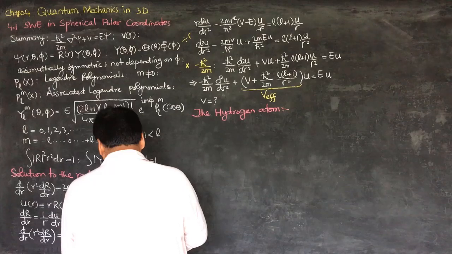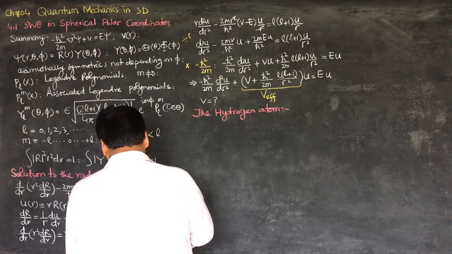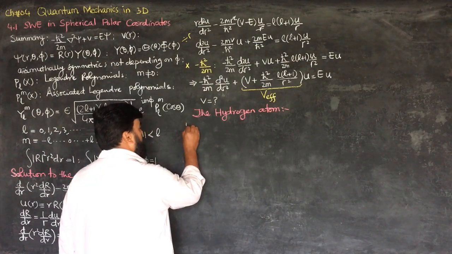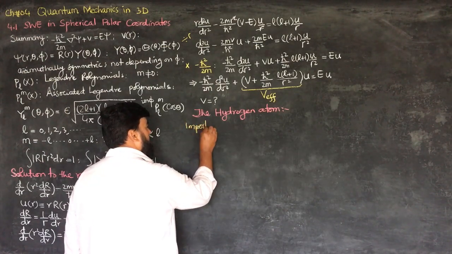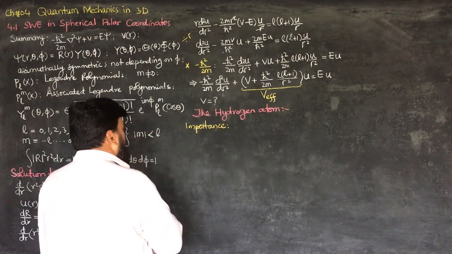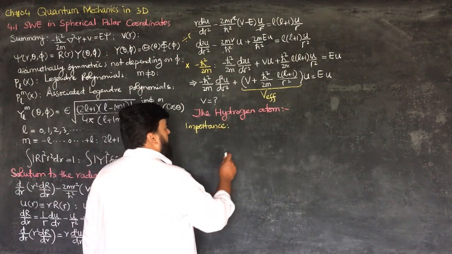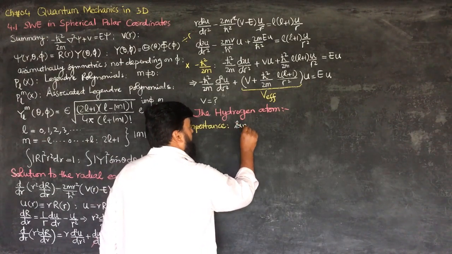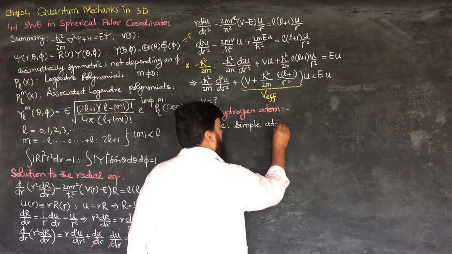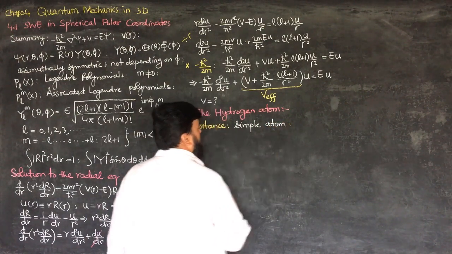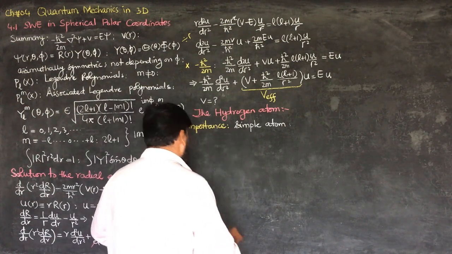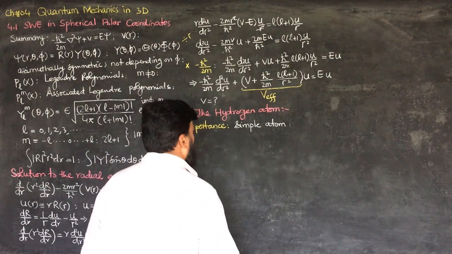The very first one, so let me discuss the importance of hydrogen atom. Now we know that hydrogen atom is a very simple atom. It is having one proton, which is a charged particle, and one electron, which is going around it.